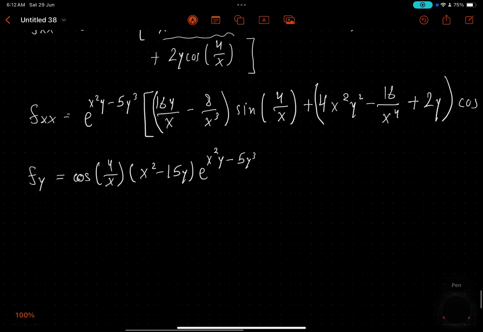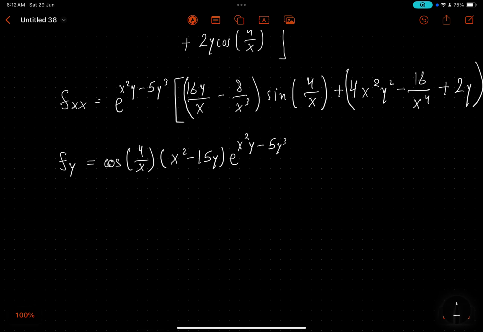Now this is our f_y. Now from here we can find f_yy, where we're going to treat cosine of 4 over x as a constant. So we're going to apply the product rule.